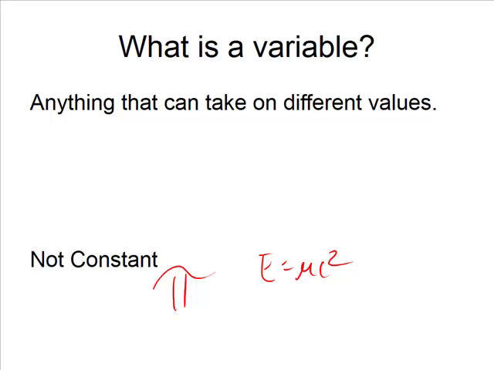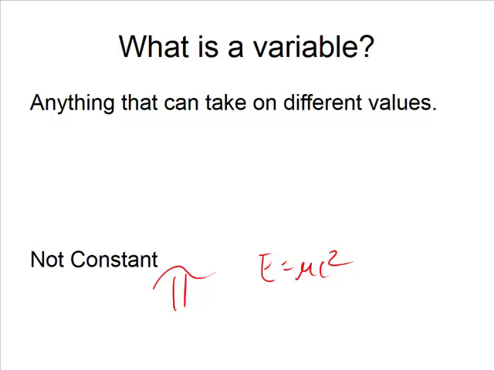Anybody know what E equals MC squared is? No? Anybody want to associate E equals MC squared with a person? Einstein came up with it. Okay. So it's something about physics, right? Einstein's theory of relativity.